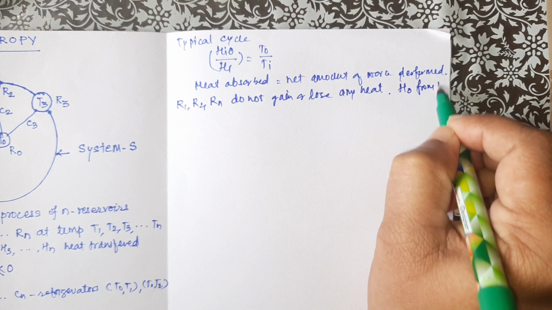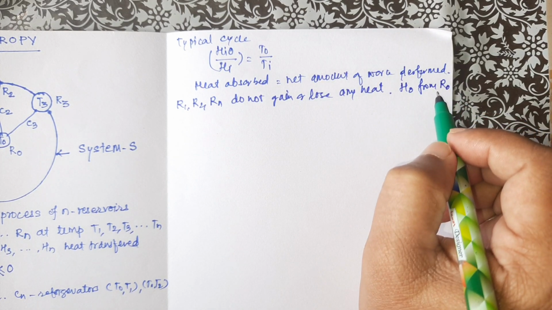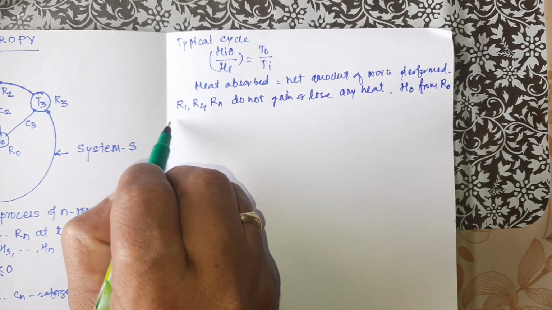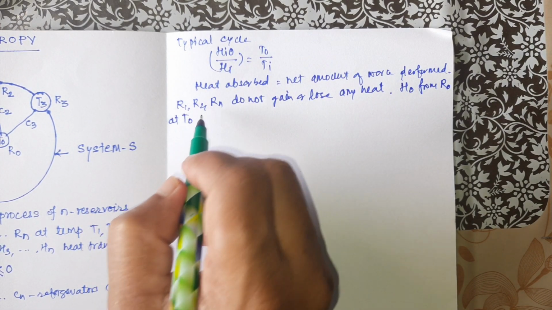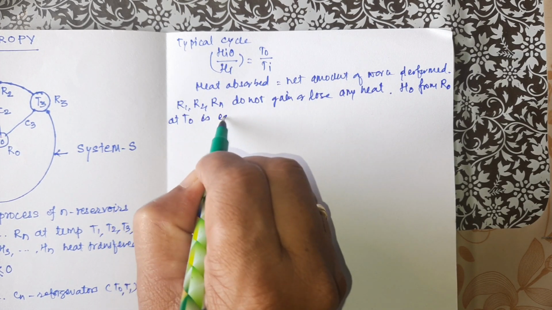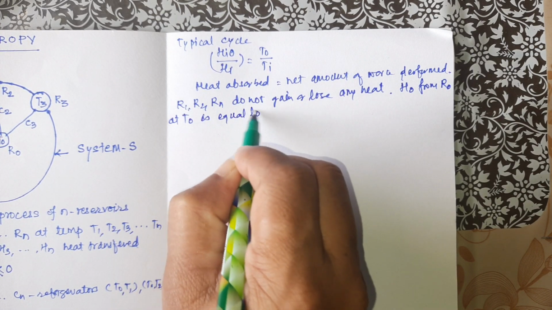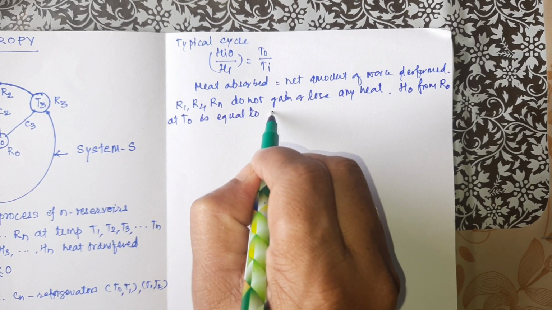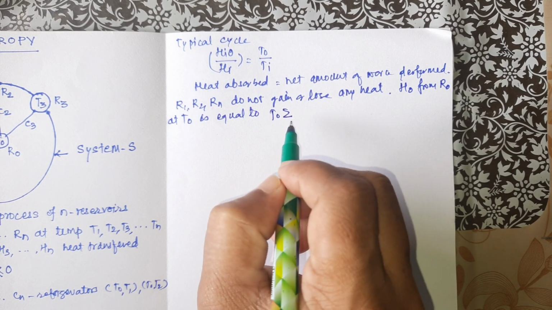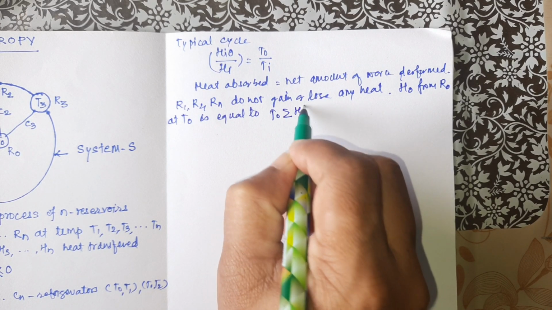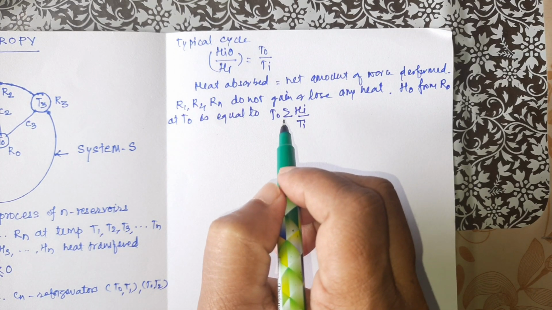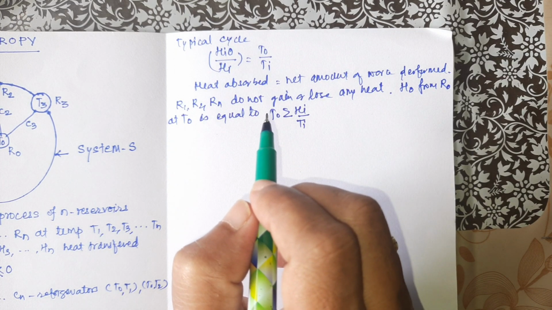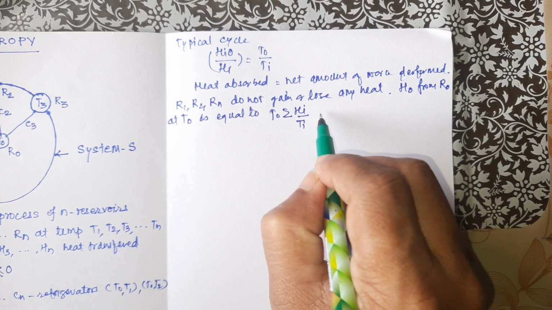The quantity of heat absorbed from this reservoir R0 at the temperature T0 is, we can write, T0 summation of Hi upon Ti. This should be transformed into equivalent work.